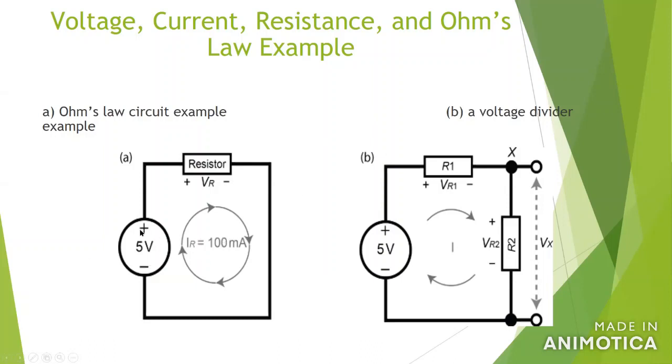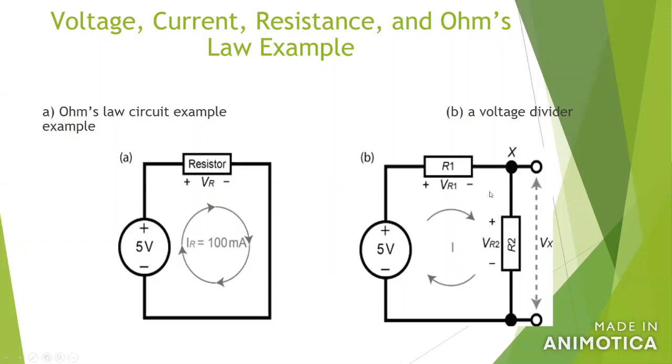You have to use amps instead of milliamps, so 100 milliamps is equal to 0.1 amps. Then 5 volts over 0.1 amps gives 50 ohms. So this resistor has a resistance of 50 ohms.